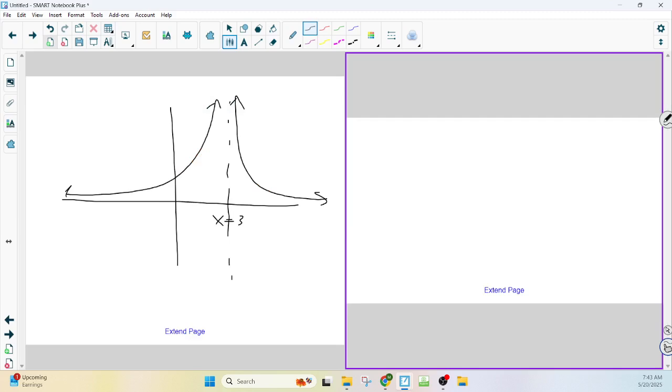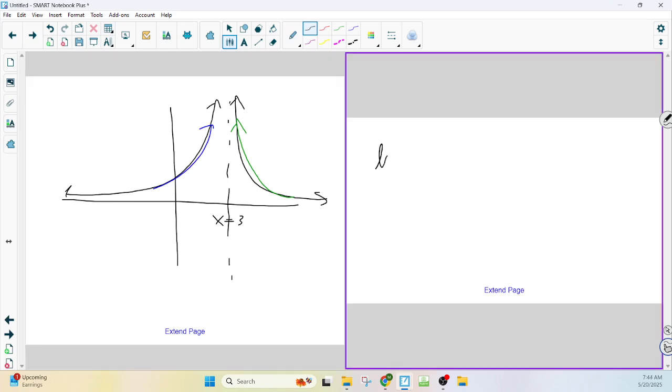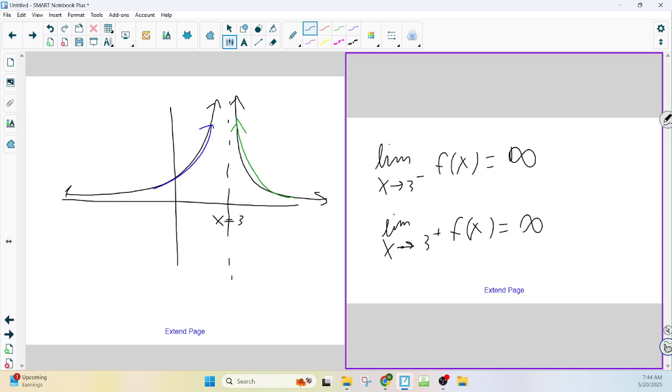The left equals the right. They do. You come in from the left, you're going up to infinity. You come in from the right, you're going up from infinity. So I could say that the limit as x approaches 3 from the left is infinity. I could say the limit as x approaches 3 from the right is infinity.